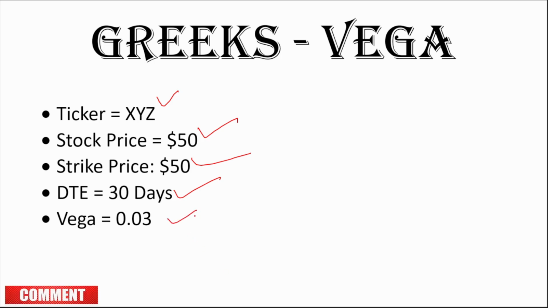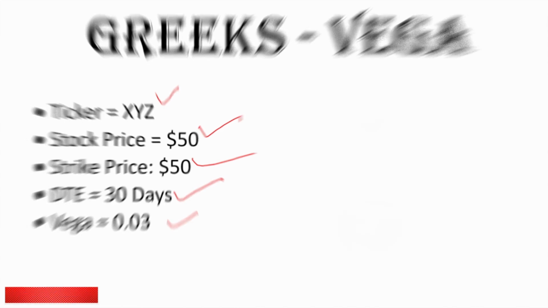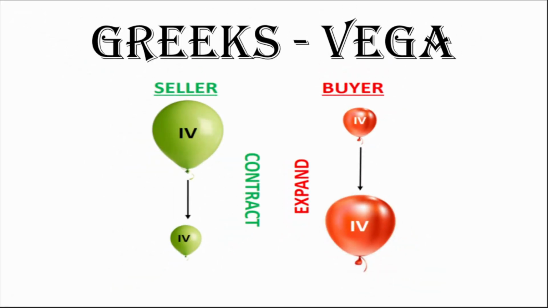Therefore, the value of the option might go up or down by 0.03 if implied volatility increases or decreases. Therefore, option sellers will benefit from a fall in implied volatility, and of course, this is the opposite for option buyers. Vega is a strong contributor to option price movement day to day.